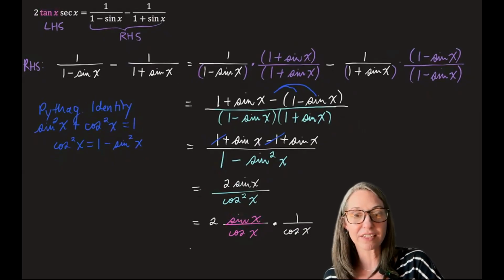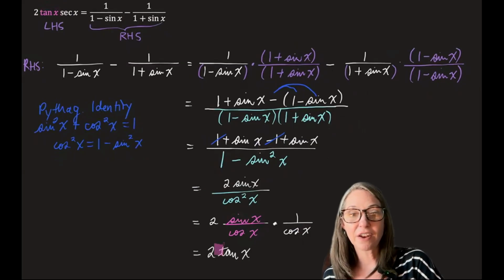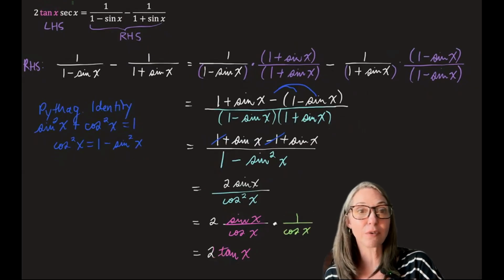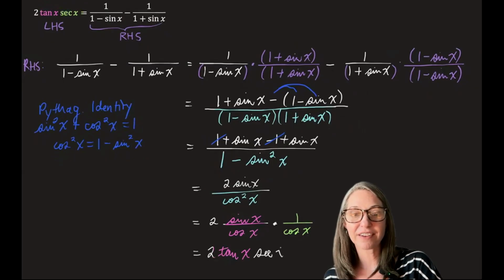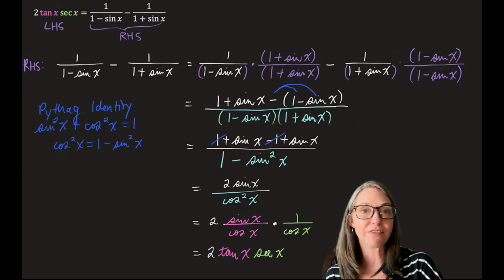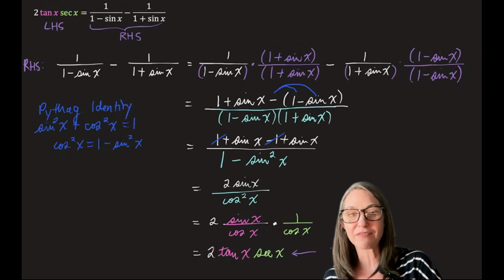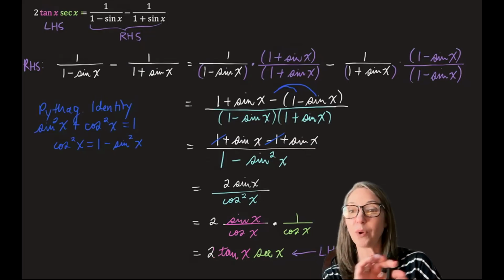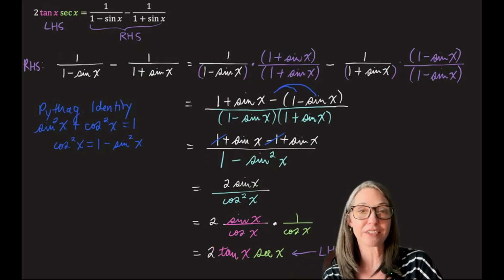So we can rewrite this as 2 times tangent of x, and then also 1 over cosine of x is equal to secant of x. And we are done, because that is now the left-hand side. So we successfully converted the right-hand side into the left-hand side to prove that trig identity with clear steps for every step along the way.